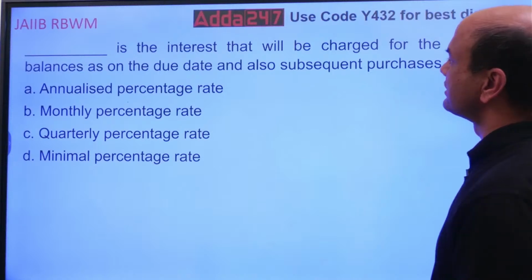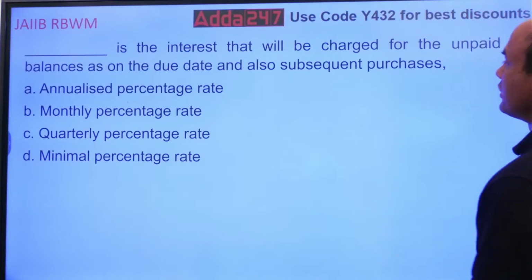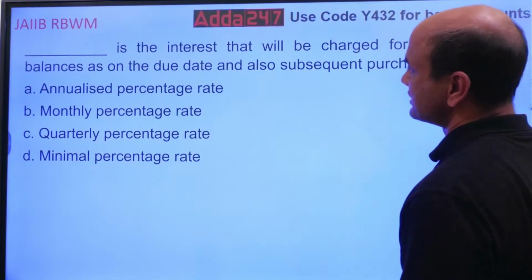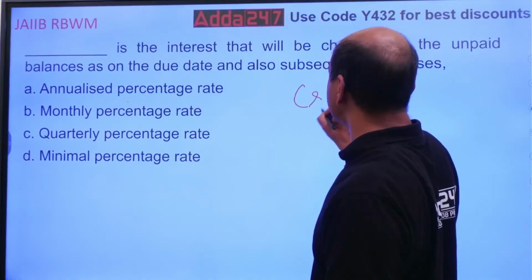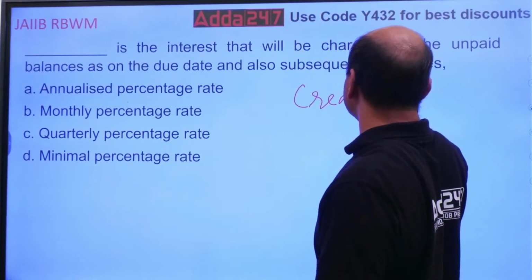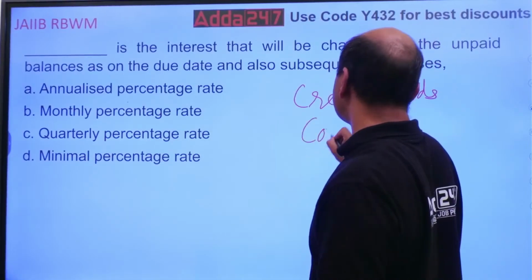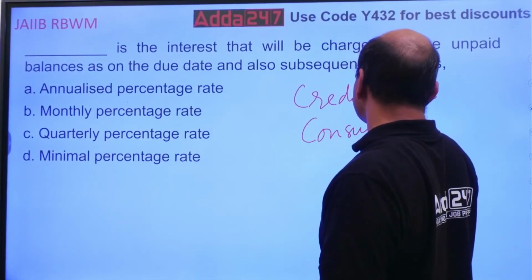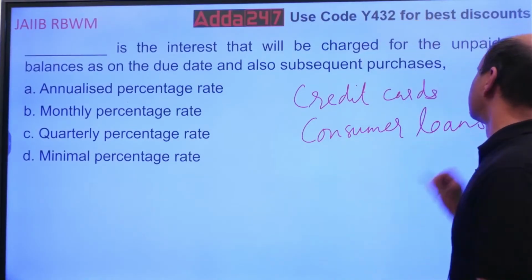Dash is the interest that will be charged for the unpaid balances on the due date and also subsequent purchases. Now this is mainly in your credit card. Two loans you will be having this: credit cards, and second is consumer loans, smaller loans. They always charge you this rate of interest.